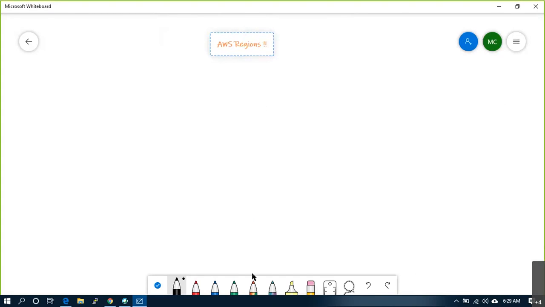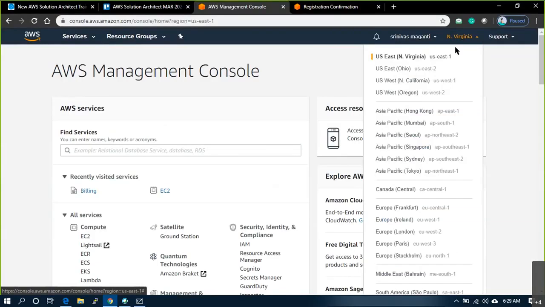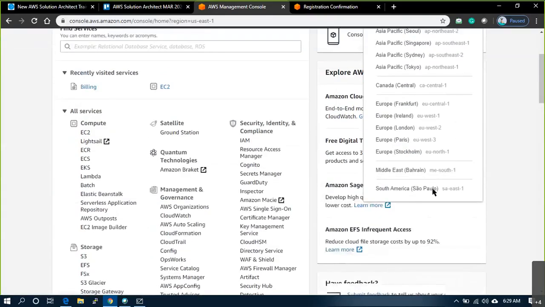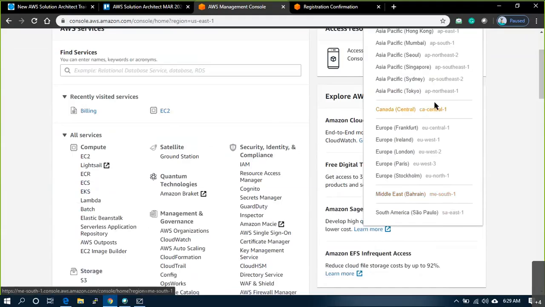What is an AWS region? If you go to the portal, on the top right-hand corner, you will see some locations mentioned here.